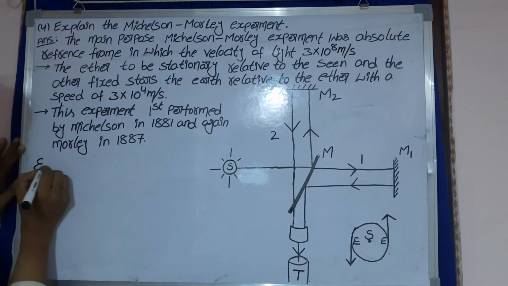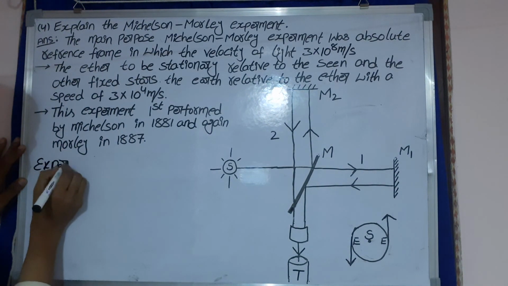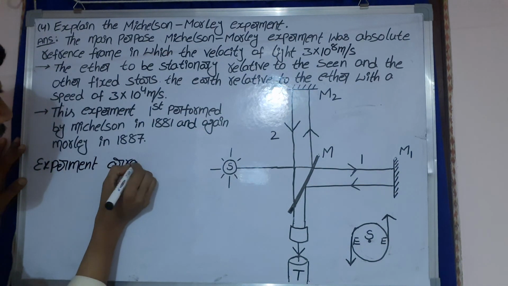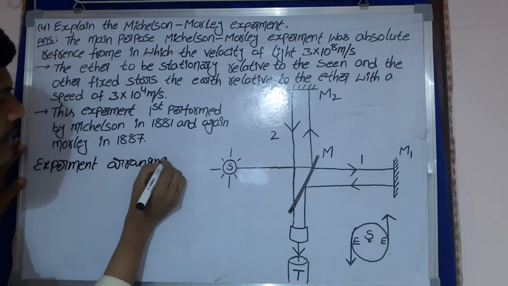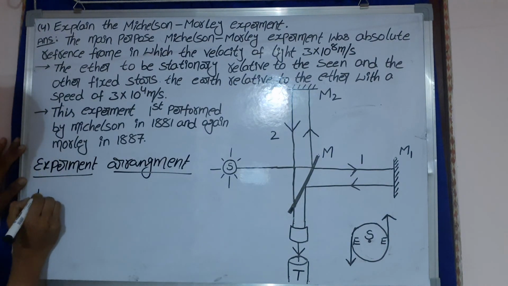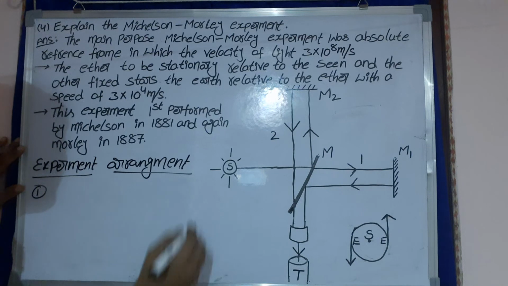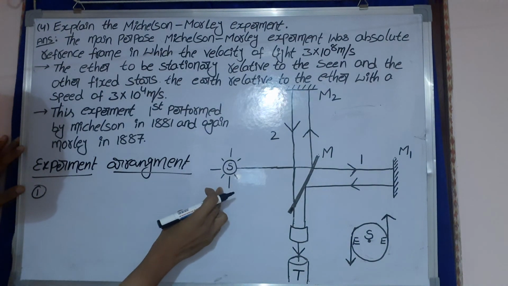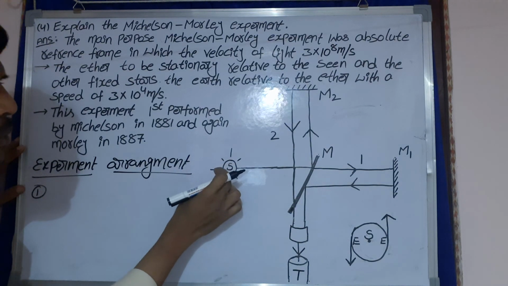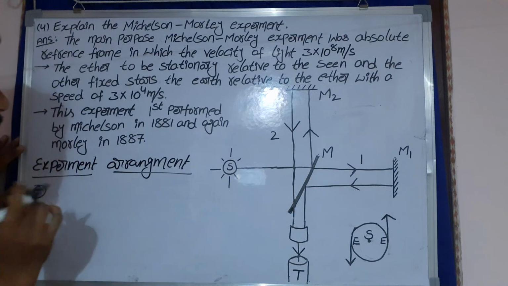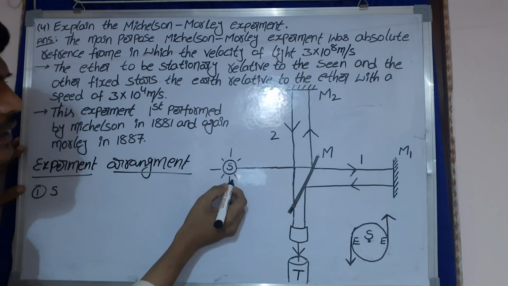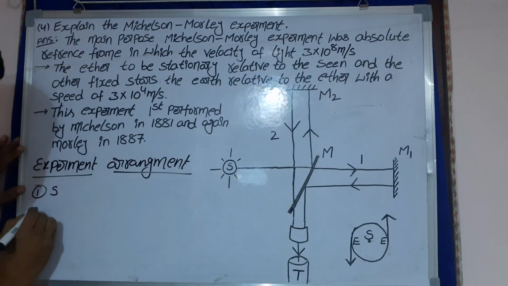First, the experiment arrangement. The beam of light from the monochromatic source S, which is at rest, falls on a half-silvered mirror M. This is the half-silvered mirror M of the interferometer.